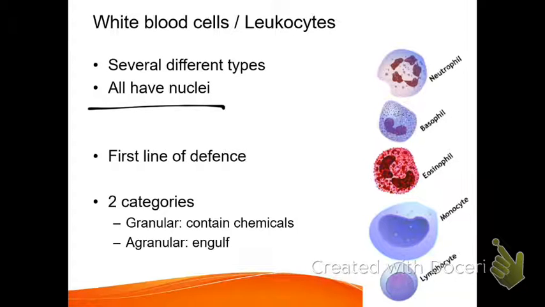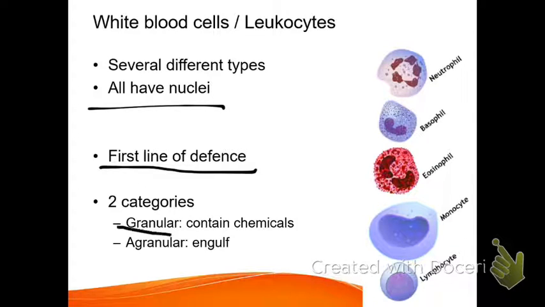Okay, in terms of their structure, they are the first. Actually, they're not the first line of defense, but they are one of the lines of defense against foreign particles. Okay, so these guys have the job of keeping your body safe from bacteria and other things like that, viruses and so on. Two main categories.